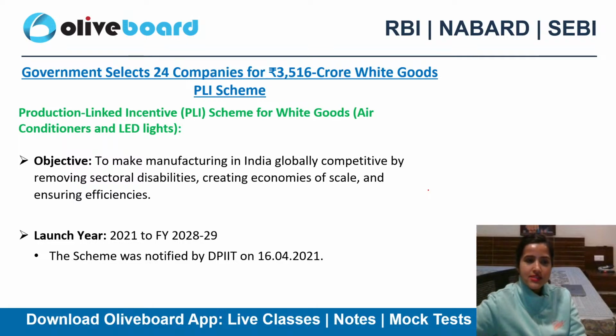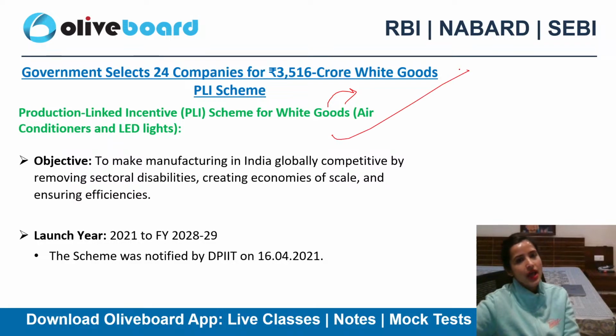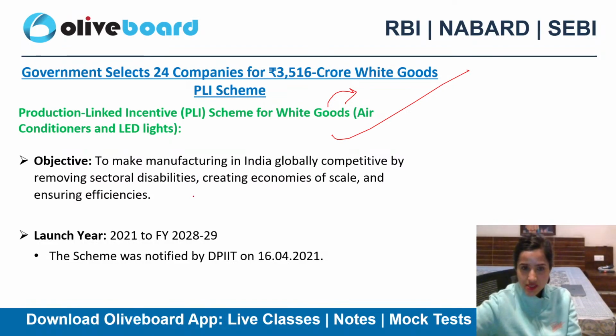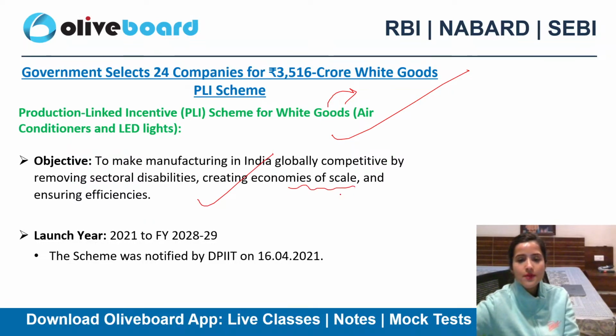Now let's understand the PLI scheme for white goods. Which white goods are we talking about? Air conditioner and LED lights. What is the objective? To make manufacturing in India globally competitive by removing sectoral disabilities, creating economies of scale, and ensuring efficiency. So, what do you mean by economies of scale?